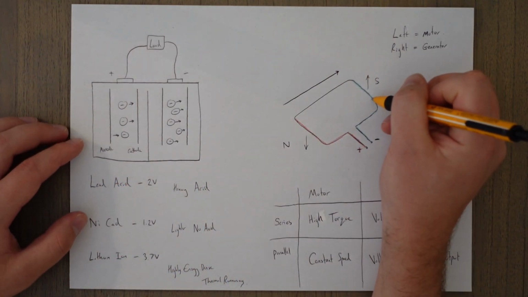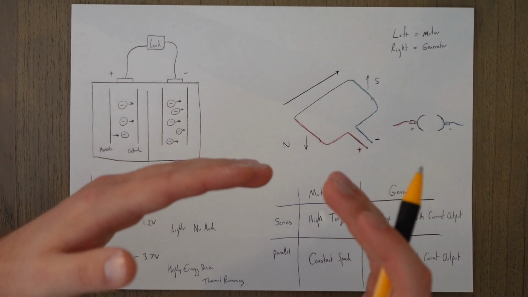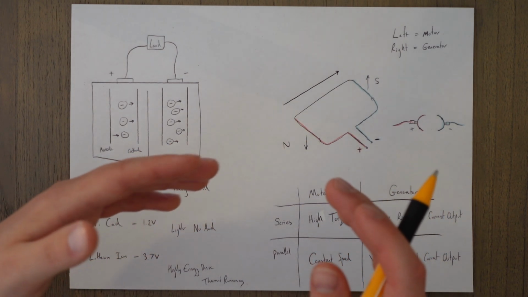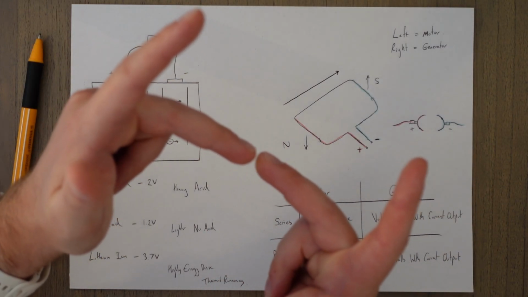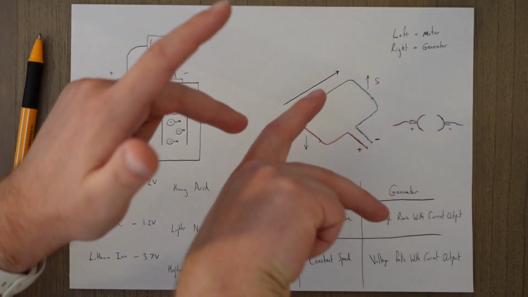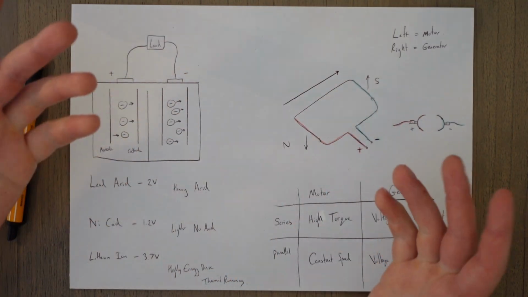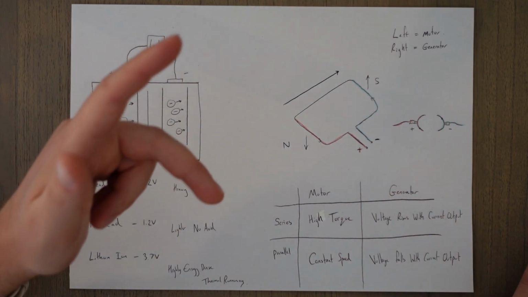So we're actually getting the reverse current flow if we're thinking about a generator in this example. That's why it's left hand and right hand, because the motion is going to change and be different. Hopefully that makes sense. Right hand generator, left hand motor.